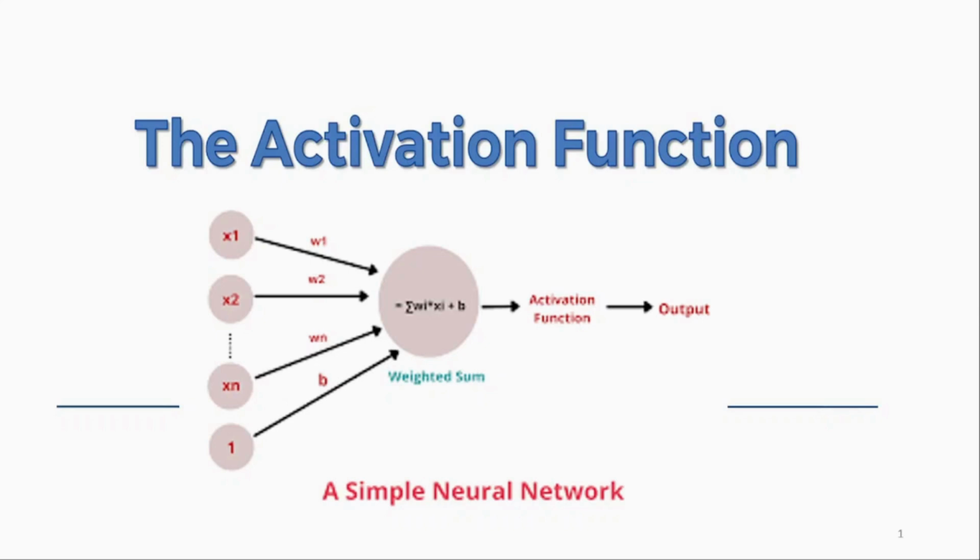That is a very important topic used in neural networks. In today's lecture we will look at the different activation functions used in neural networks. We will try to implement all these activation functions in Python on a classification problem.